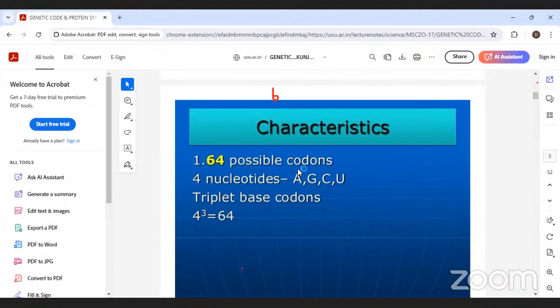His result amazed the scientific world. He had made the breakthrough which led directly to the deciphering of the codon.